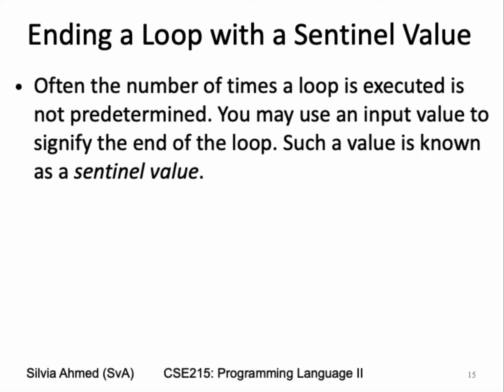Or if the condition of the loop is while the input number is greater than 0, then the loop continues. Inside the loop the user inputs the number, and only when it is a negative value will the loop exit. That negative value will be known as a sentinel value.